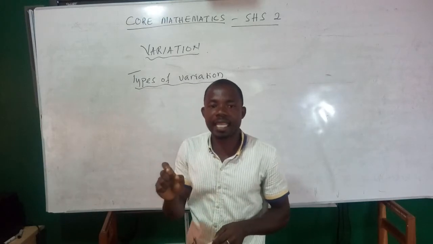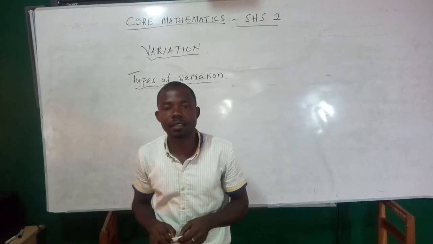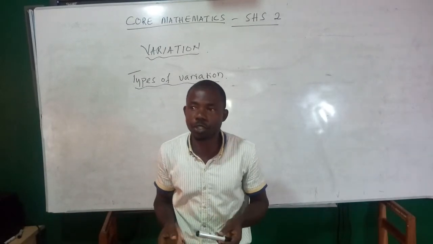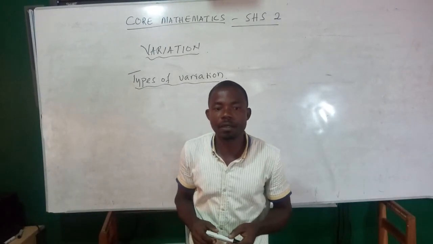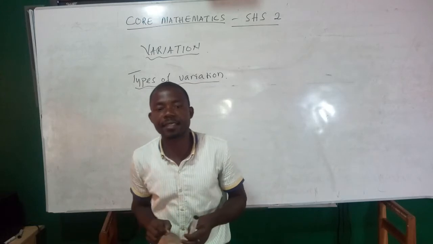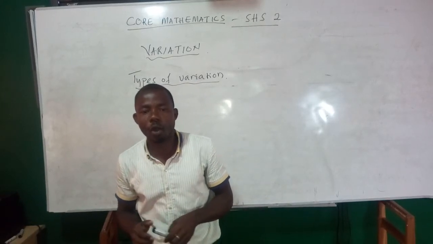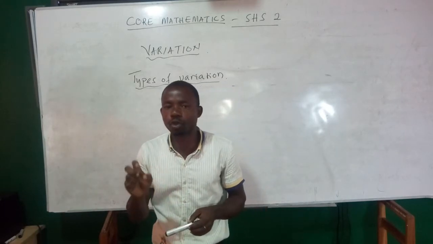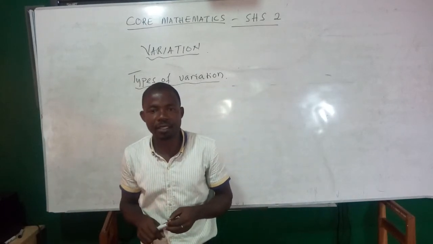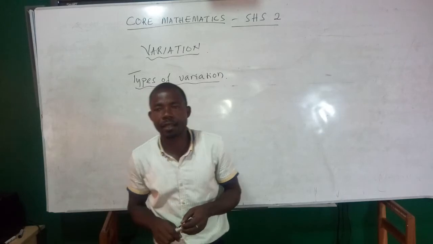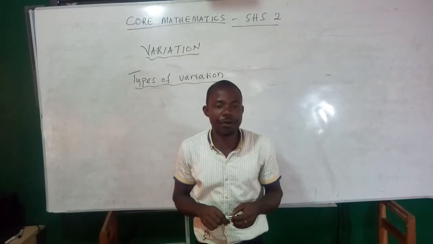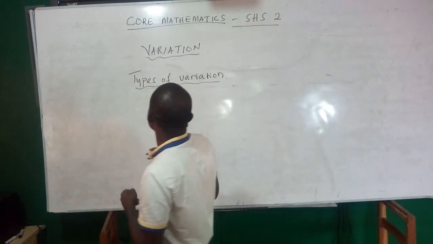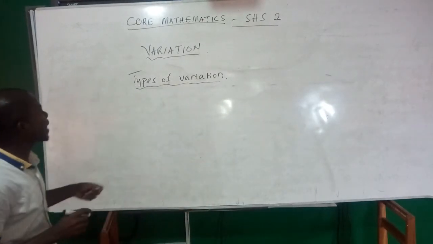One is the direct variation, which is also known as direct proportion. We have the inverse or the indirect proportion, and then we have the joint variation, and finally we have the partial variation. So let's write the types.